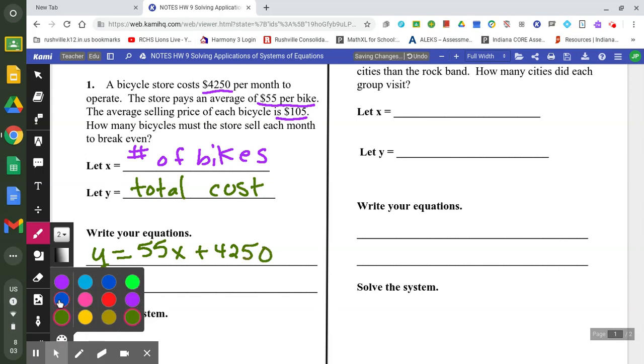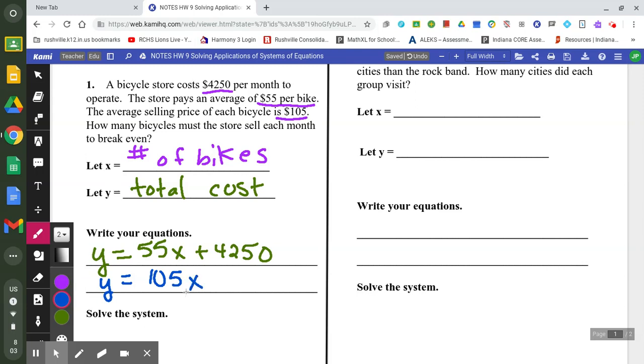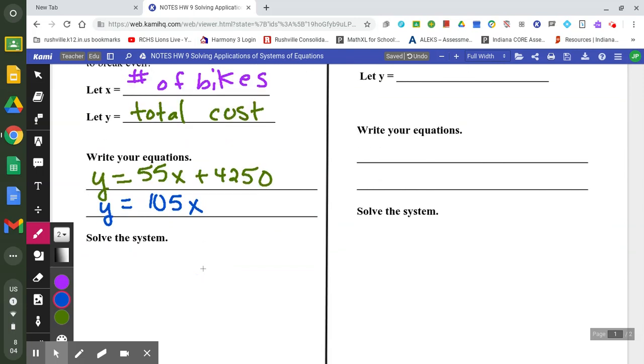And then the other one, the total income. The green one was actually how much they spent. The blue one is going to be how much they actually make, which is $105 per bike. So what we're going to do then is put those equal to each other.